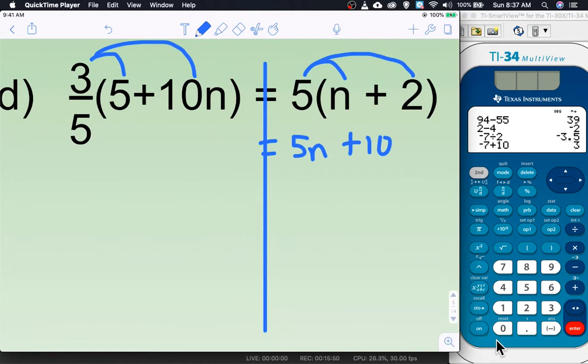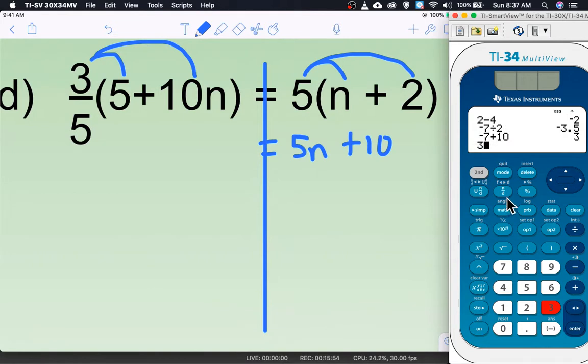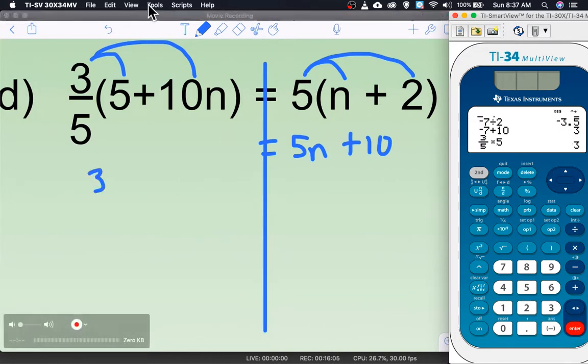Now, if you have a handy-dandy calculator, you can just type in 3 fraction 5, get out of the fraction, 3/5 times 5 equals 3. So 3/5 times 5 was just plain old 3.